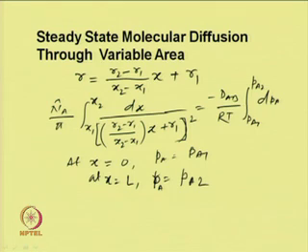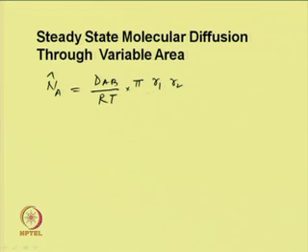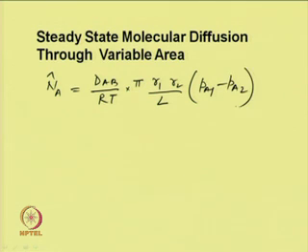So, if we integrate this with the limits, Na cap will be dAB by RT into pi R1 R2 by L into PA1 minus PA2. Like the earlier example, for equilateral triangle we can integrate in a similar way and we will have this diffusion rate equation of component A.